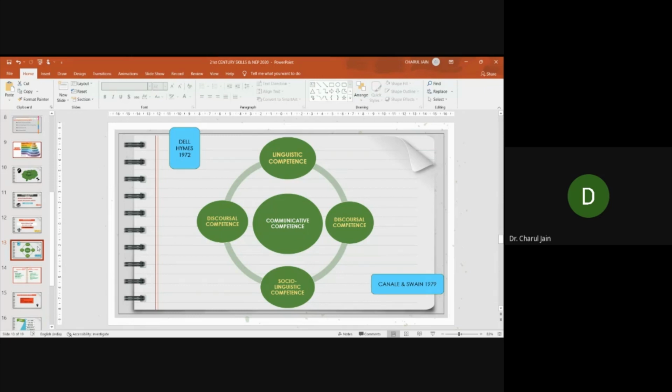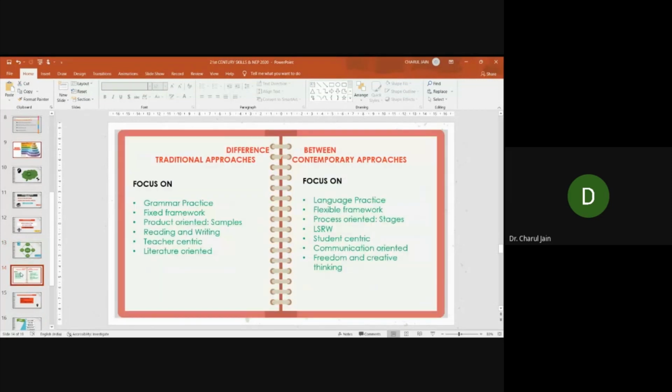Communicative competence involves the ability to construct a discourse, to understand a discourse, involves sociolinguistic competence, involves the ability to know what to say when, and this changed the focus from the previous approaches to the contemporary approaches.